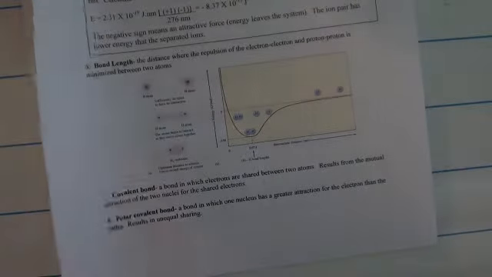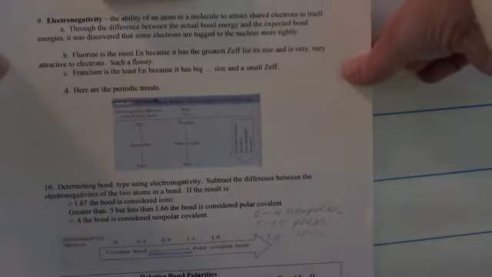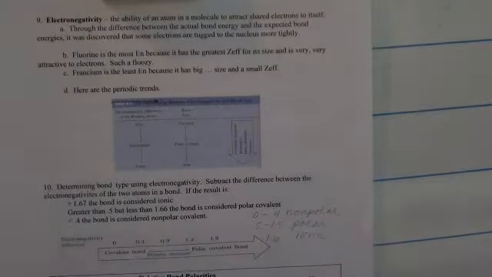Last unit, chapter 7, we talked about electronegativity and your favorite memory hook, that fluorine is a floozy. Electronegativity is defined as the ability of an atom in a molecule to attract shared electrons to itself.